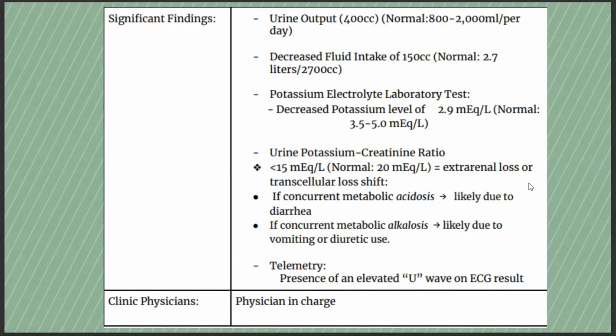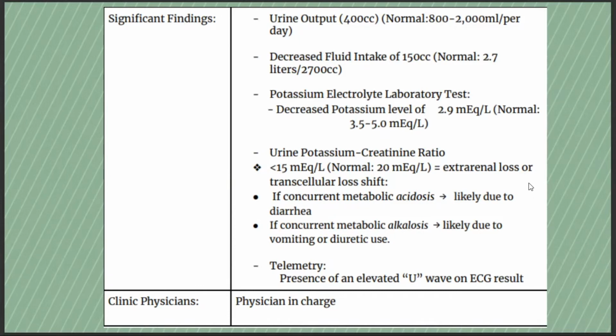And also the urine potassium creatinine ratio, less than 15, is called extrarenal loss or transcellular shift, and the normal urine potassium ratio is 20. And if there is a concurrent metabolic acidosis, it is likely due to diarrhea.